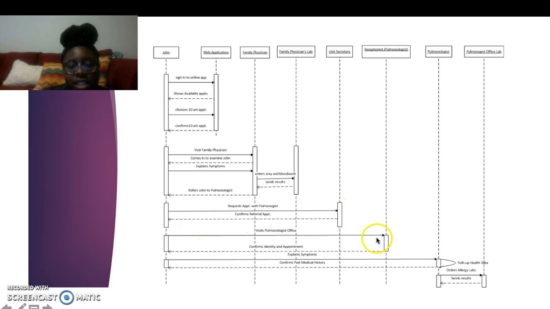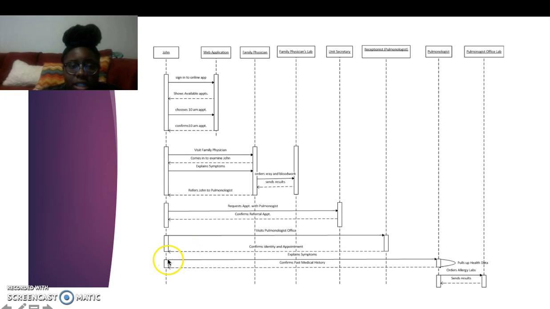John then visits the pulmonologist's office, so that's the next interaction, with him and the receptionist in the pulmonologist's office. So he visits the office, and she then confirms all of his information, the appointment time, and his identity, and makes sure they have his date of birth, name, and all of his insurance information in the system correctly.